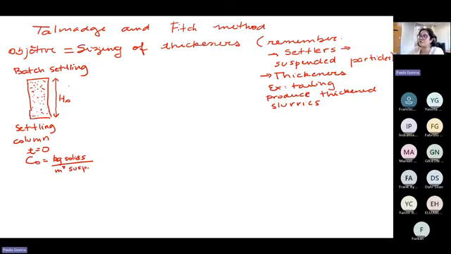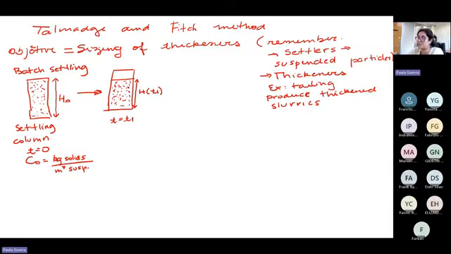Now, over time, because of the action of gravity, these particles are going to start to settle. Let's say that at T equals T1, there's going to be an interface here. I'm going to call it H at T1. This would be the interface height, where the same particles are now a little bit more concentrated.